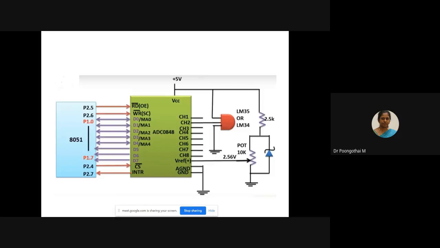Here the author has discussed the ADC 0848 analog to digital converter. This IC is interfaced with your 8051, and this ADC has 8-bit resolution with a maximum of 256 steps. So, an 8-bit ADC.